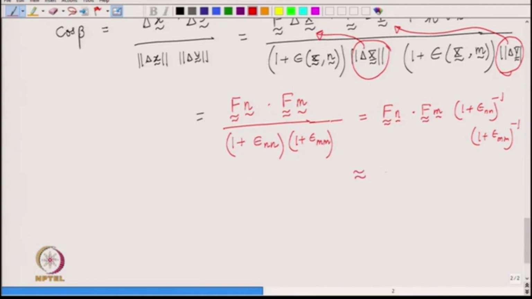So, this becomes f n dot f m into 1 minus epsilon n n into 1 minus epsilon m m. Okay.